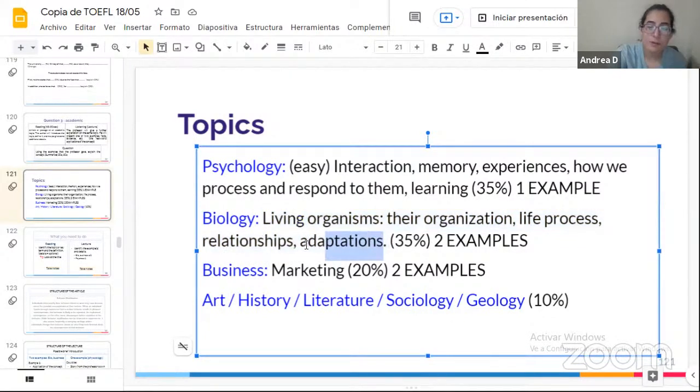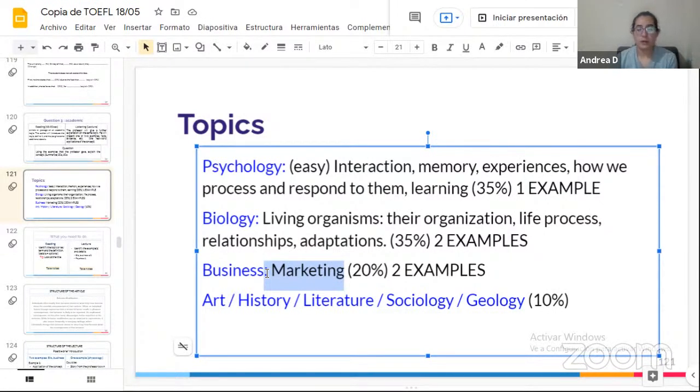That's something very common to see: how certain animals adapt to certain things, like how seabirds find food, how birds have adapted to climate change, or how plants defend themselves against insects, those kinds of things. And if it's business, it's usually on marketing and advertising techniques, or concepts related to that.